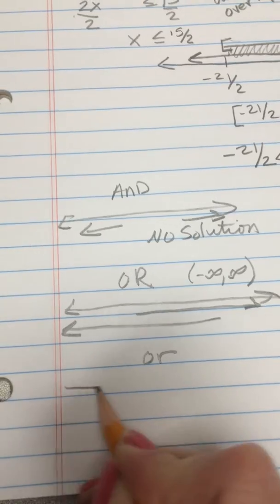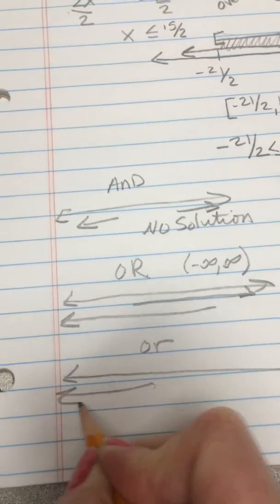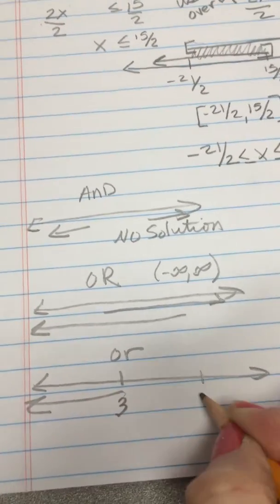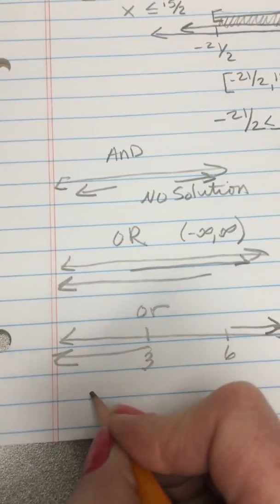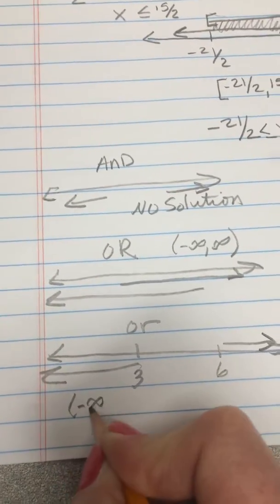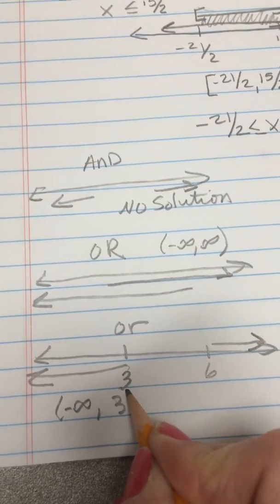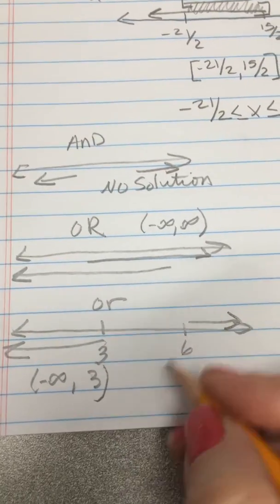On an "or" problem, if one went this way, let's say this is 3, and this is 6, and the other one went this way, you would say that the solution is from negative infinity up to the 3. Let's pretend this is a less than sign.